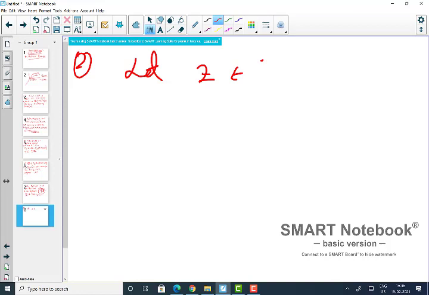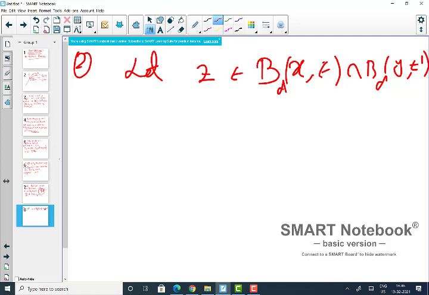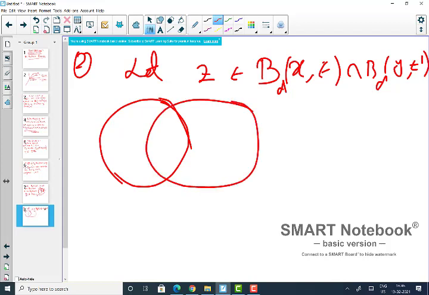So B(x, epsilon) and B(y, epsilon dash). I'm not writing d always because you understand. Okay, so what does that mean? Pictorially you have something like this, and z is inside this intersection, so you can always find one more ball that is sitting inside both of them, right? Now how do we write down these balls?